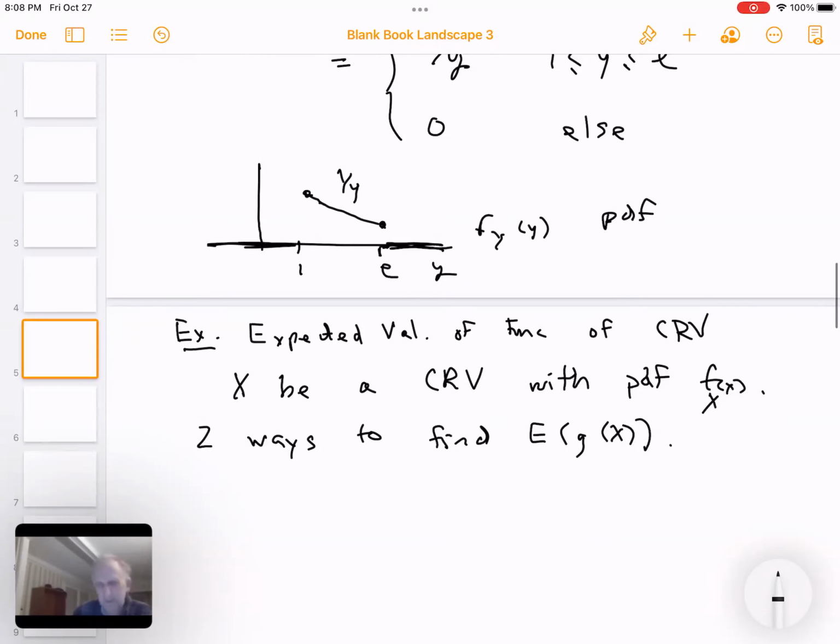One is by the definition, which we're not going to linger on too much.